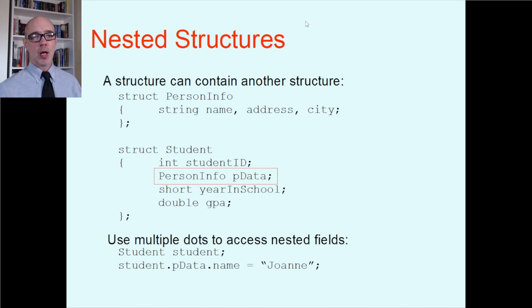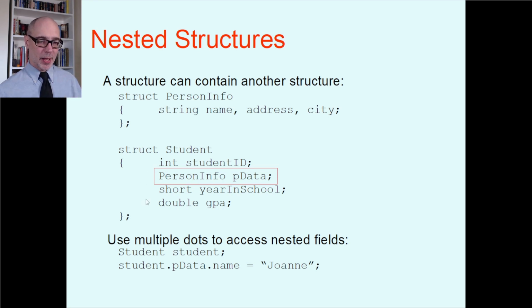That's nesting. So here's an example where we've made a struct called person info to store basic information about any person. You've got a string for their name, a string for their address, and a string for their city. That's a good example of declaring multiple things of the same type on one line. That's perfectly fine. So that person info structure has 3 members. And then later on, I'm going to define another struct called student that has an integer for student ID.